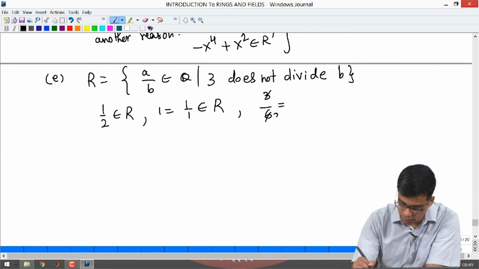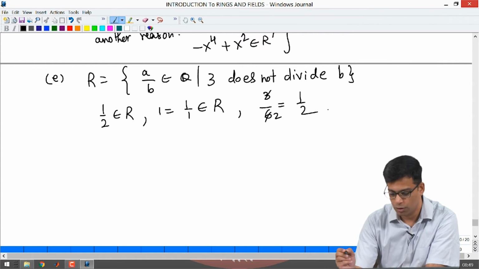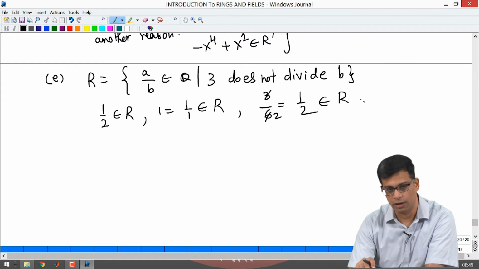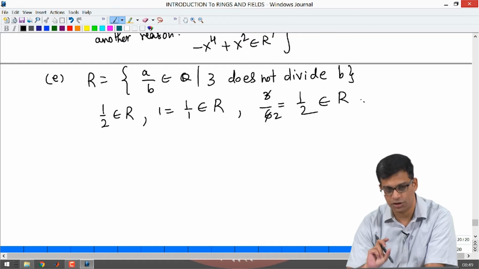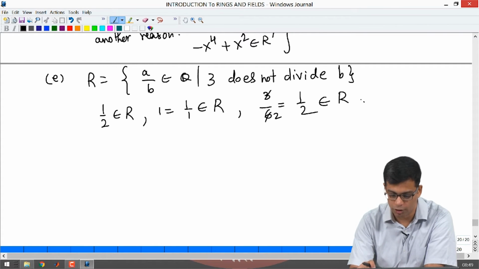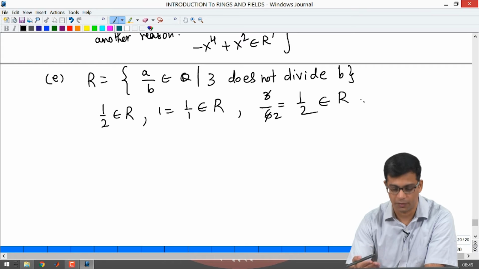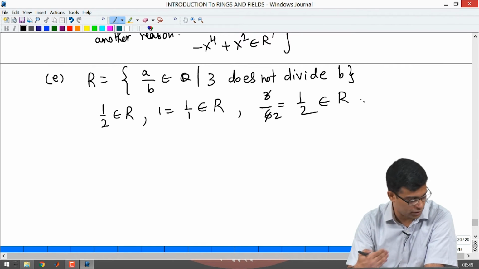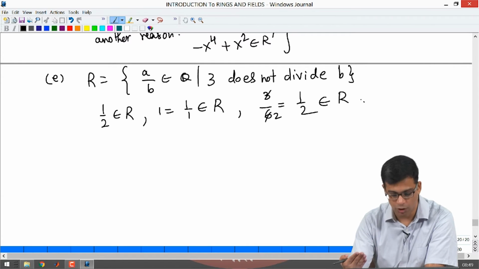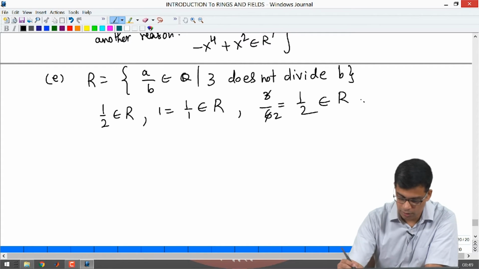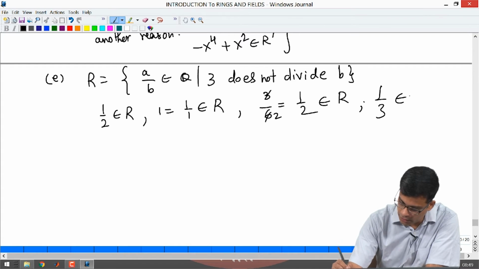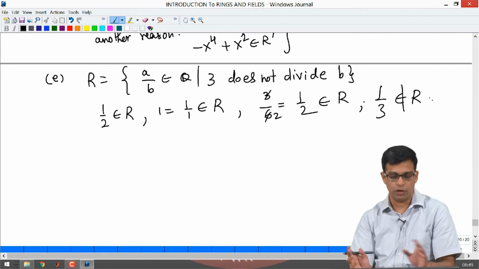So, you cancel common factors, 1 by 2 is what you get, and then 3 does not divide the denominator. So, it is in R. You have to check whether 3 divides the denominator after you cancel the common factors of numerator and denominator. If 3 does not divide the denominator, it is there; if 3 divides the denominator, it is not there. Okay. So, I hope the set is clear.